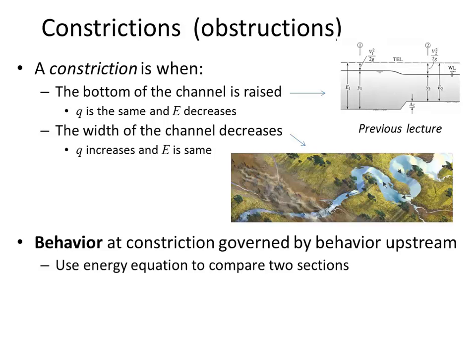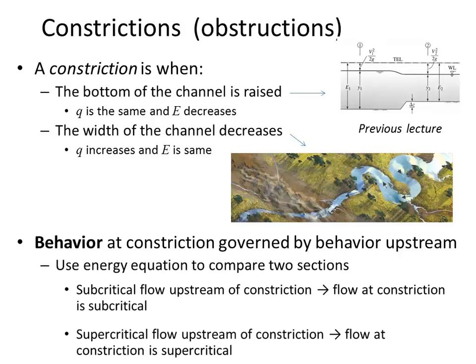The behavior that we're going to be looking at is governed by what's happening upstream of the constriction. The energy equation will allow us to compare two sections, and we're going to also use the Froude number to diagnose the flow regime. Remember that previously we said if conditions upstream were subcritical, then downstream they're also going to be subcritical, and it helps us to know which of the two positive roots in a cubic equation we should select.